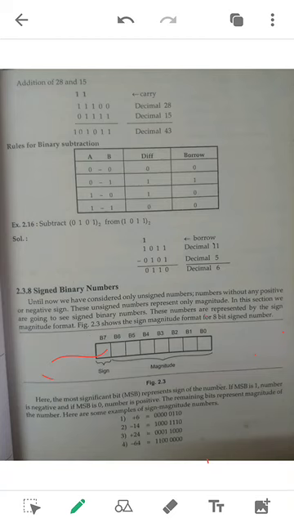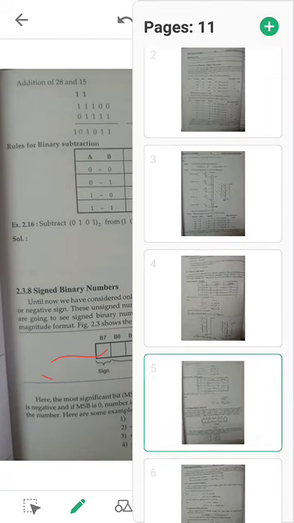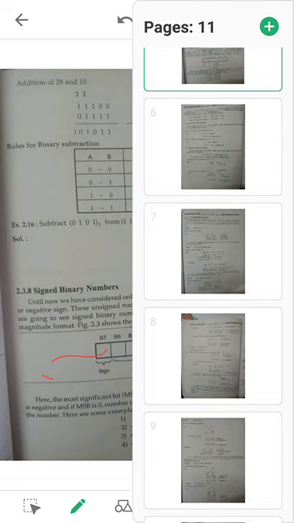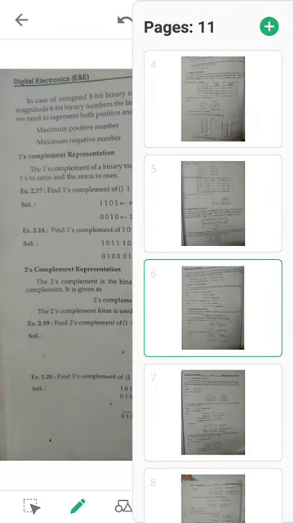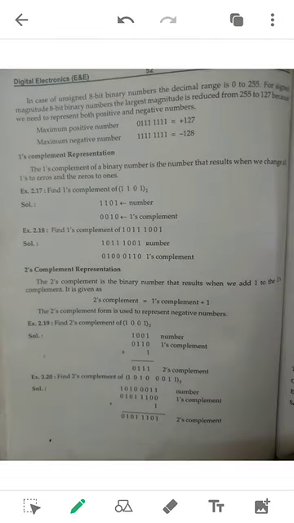For any 8-bit number, the range for the decimal is from 0 to 255.